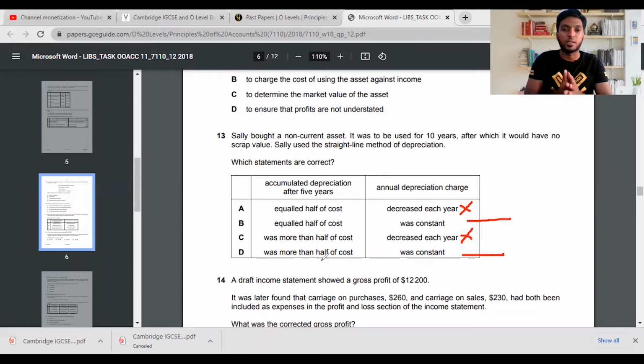So it can't be more than half of the cost because you are using 5 years out of 10 years, so half. In 10, if you take 5, 5 is half, 10 divided by 5 is 2. So in 2, one portion you are using, so it is going to be half. So the answer is going to be B because you used 5 years, so it's half of the cost. Of the 10 years, you have deducted 5 years, so of course you have a half, and it is constant because it's a straight line method. So with that understanding, we'll move on to the 14th MCQ.